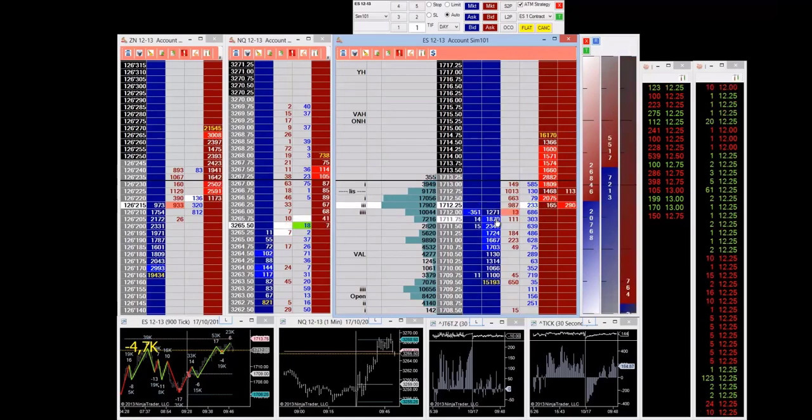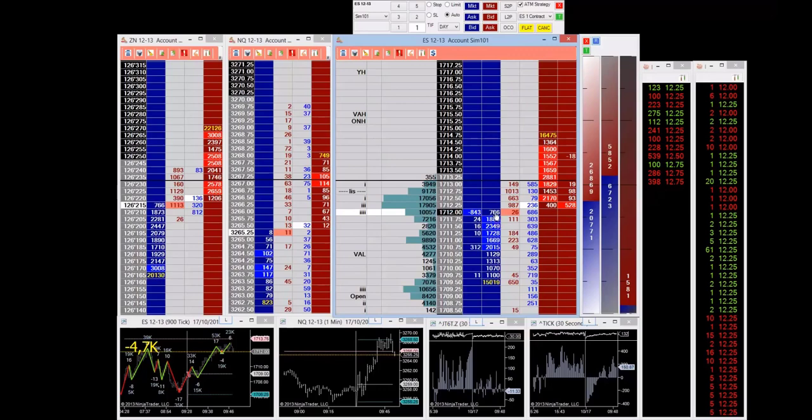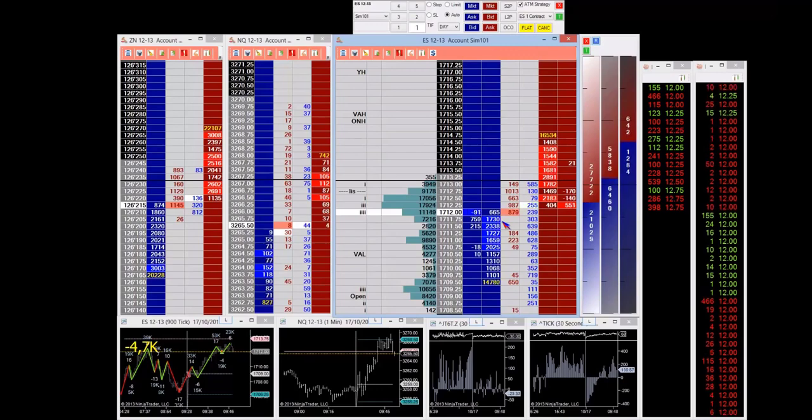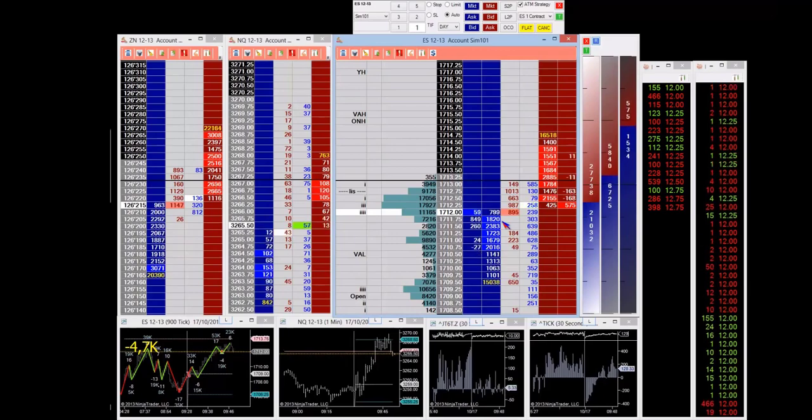Because basically what happens before a move ends is they need to try and convince people to go on the opposite side of the market. So if they're trying to convince people to buy now, they put on a lot of big bids. People see that, they buy, and then they pull the bids and the market goes down. They were just trying to get you to buy so that they could sell. Okay, so if we see very, very large bids under a move up, it's usually the end of the move up.